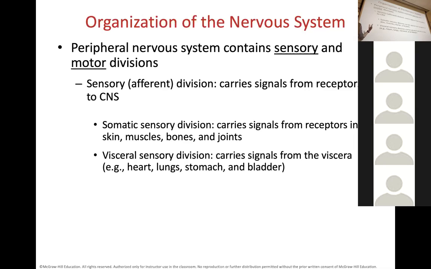The visceral sensory division is your organs. So you don't really think about your organs receiving signals, but when your stomach's full, it sends a message to your brain. So it can sense that it's full, sends a message to the brain to say, don't eat anymore, or you shouldn't eat anymore. So the visceral sensory division carries signals from essentially your internal organs. When I say viscera, just think internal organs.